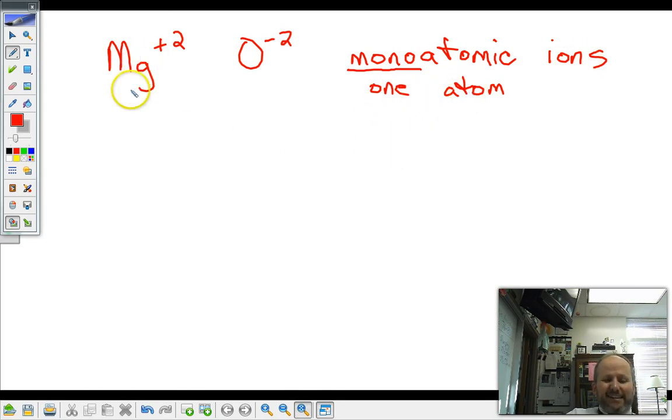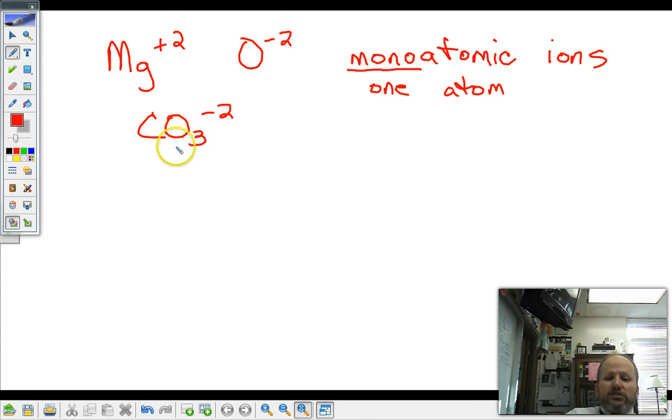This is magnesium. This is oxygen. But you'll see on the homework, you have several things that are like this. This has obviously more than one atom in it. It's got at least 3 oxygens because there's a 3 behind it.